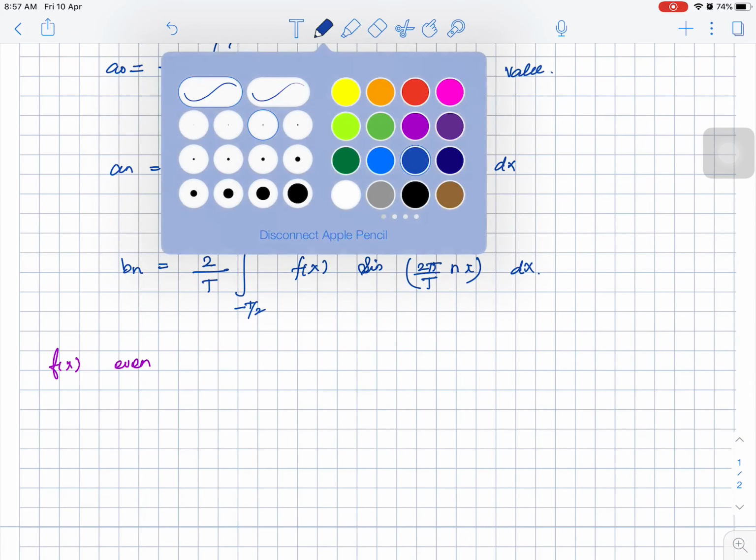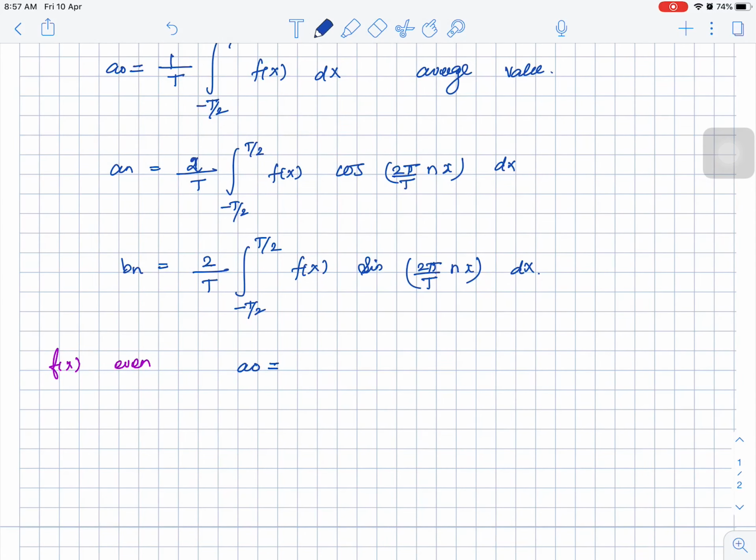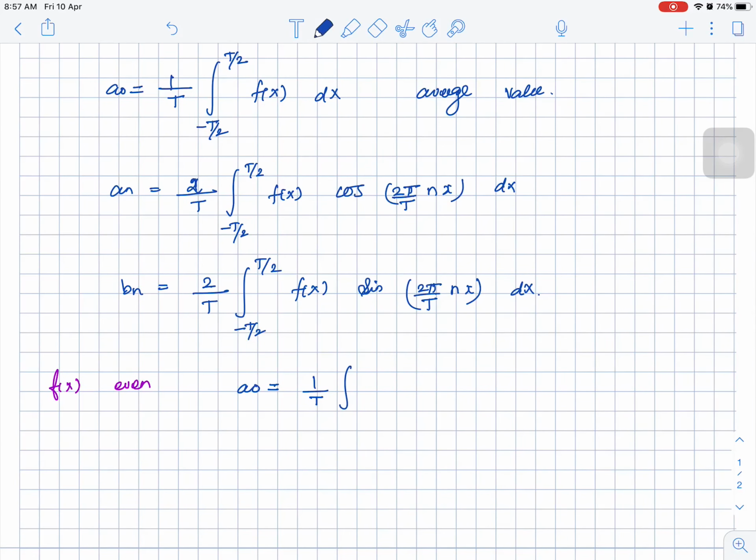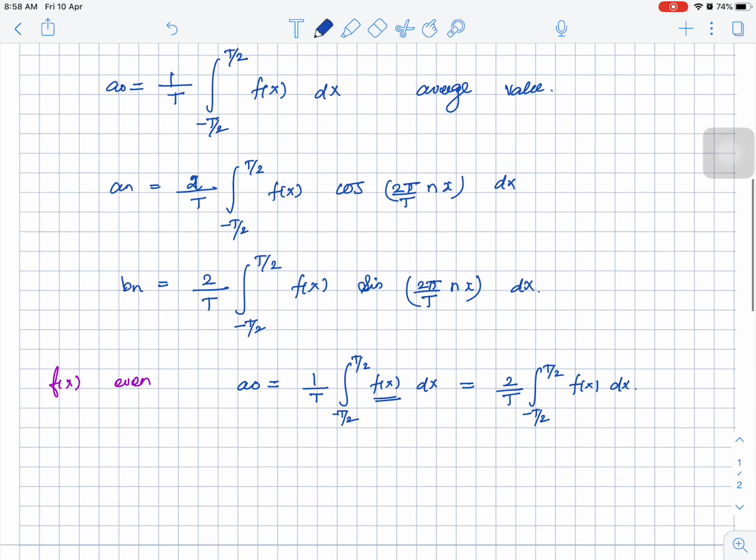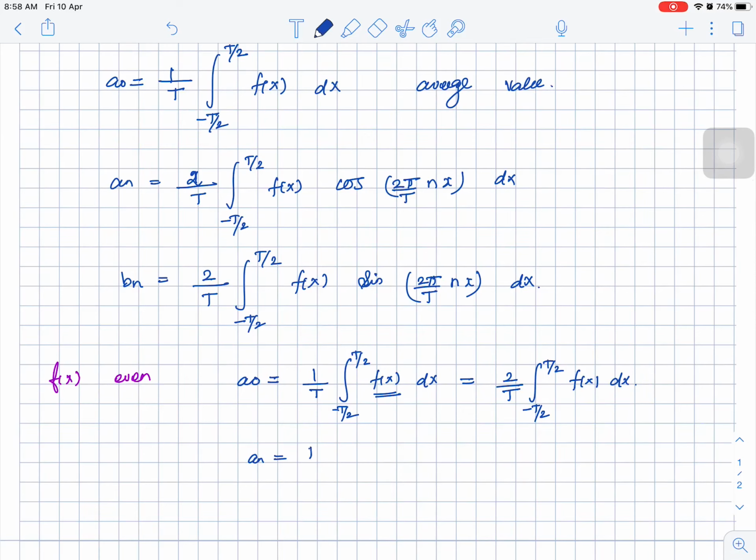So when f of x is even, a naught is 1 by time period, integral from minus T by 2 to T by 2 of f of x dx. Since f of x is an even function, it becomes 2 divided by T, integral from minus T by 2 to T by 2 of f of x dx, and an will be 2 divided by the time period, integral from minus T by 2 to T by 2, f of x is even and cos 2 pi n by T x is also an even function.